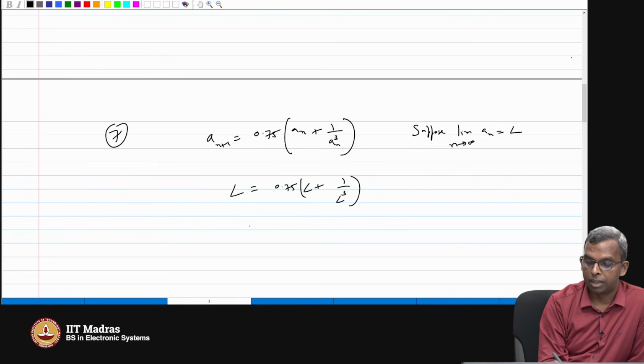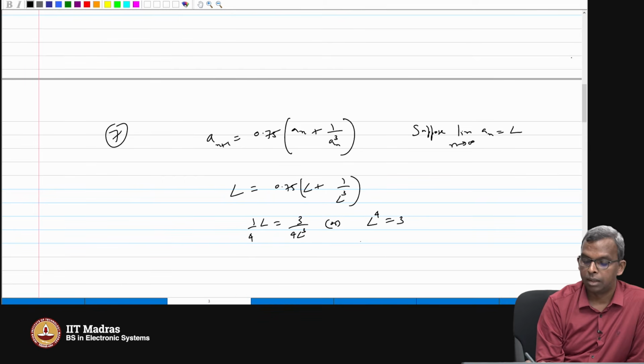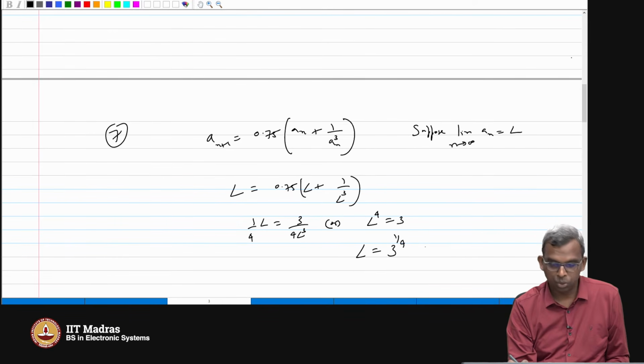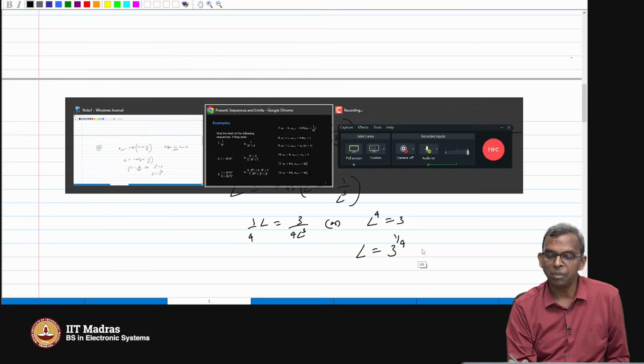Then this will come off to this side. So I'm going to get 1 by 4 L equals 3 by 4 L cubed, or L power 4 equals 3. So L is 3 to the power 1 by 4. So that's the limit. This I think should be true. You can check that. This would work.